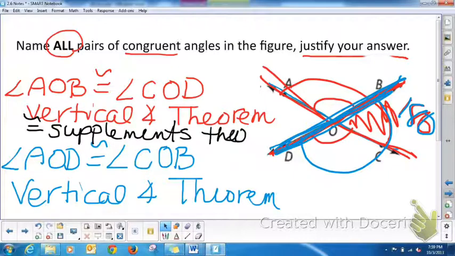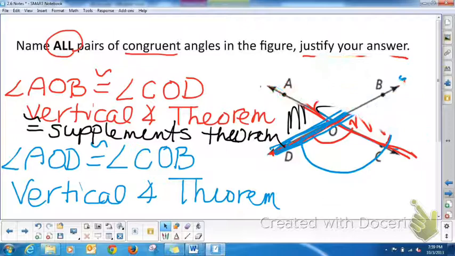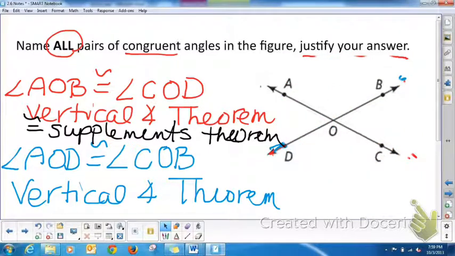Could you say the same thing about the other pair? AOD and COB. Are they both supplementary to the same angle? They are, right? They're both supplementary. AOD is supplementary to AOB, and BOC is supplementary to AOB.